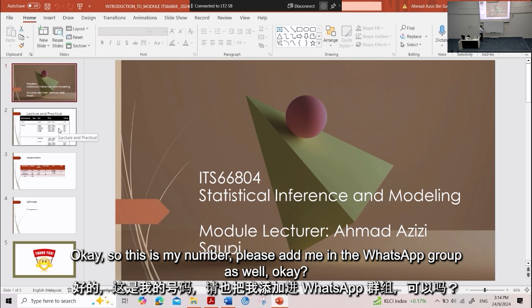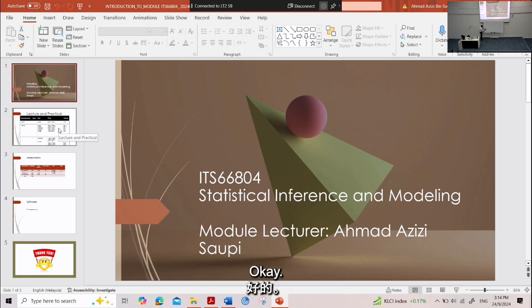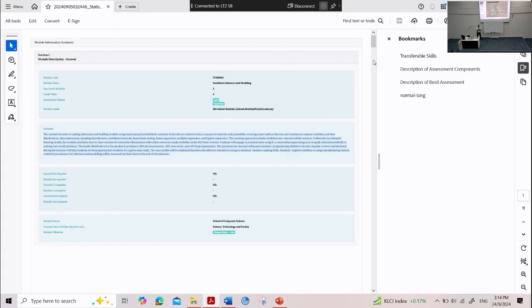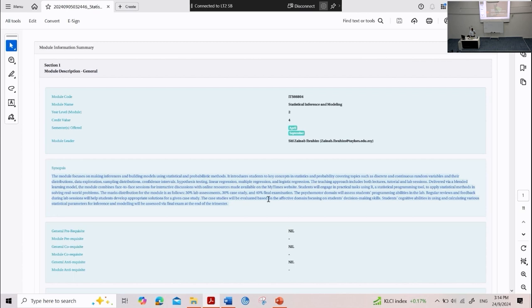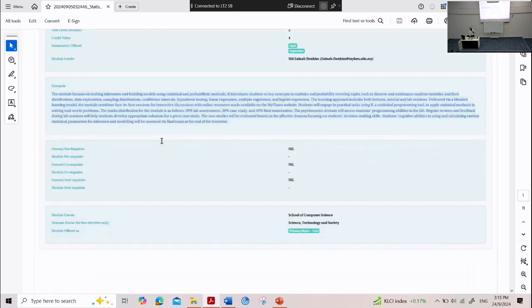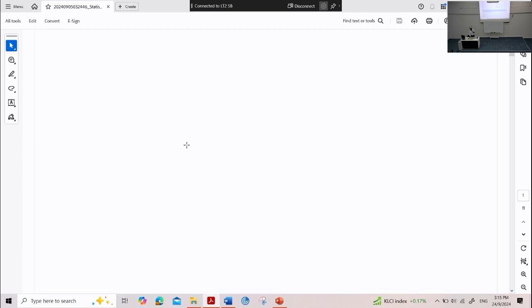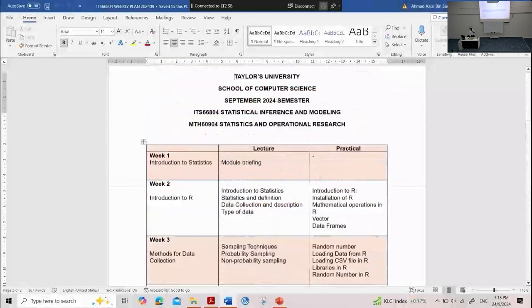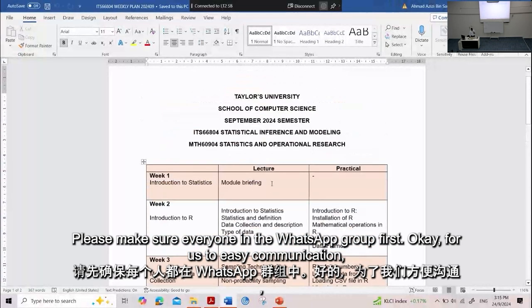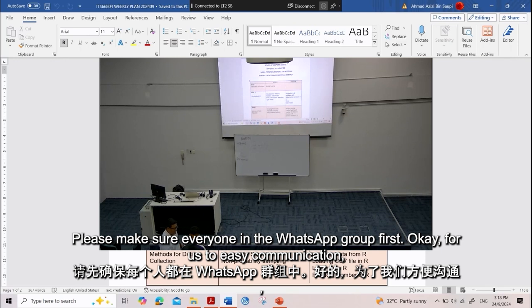Okay, so this is my number. Please add me in the WhatsApp group as well. Please make sure everyone is in the WhatsApp group first, for easy communication.